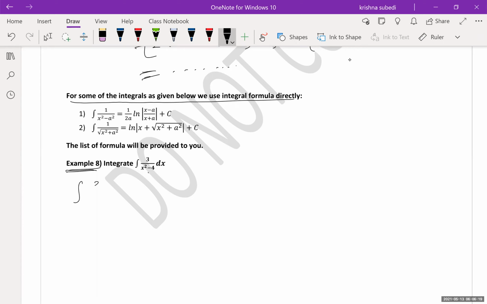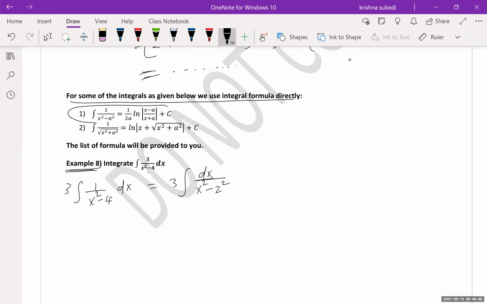So for question 3, you can write 1 over x squared minus 4 dx, or you can write 3 dx over x squared minus 2 squared. Now look at the list of formulas that I have provided in Canvas, and tell me which one is closely related to this.